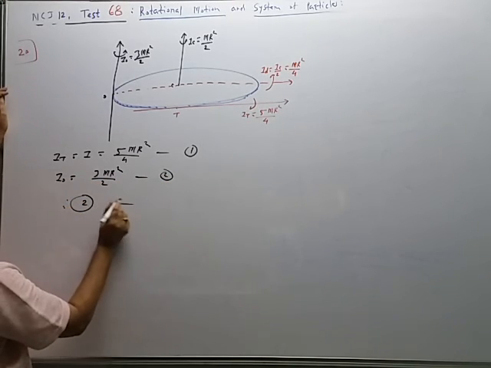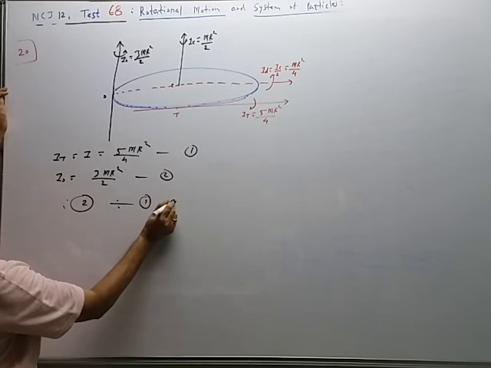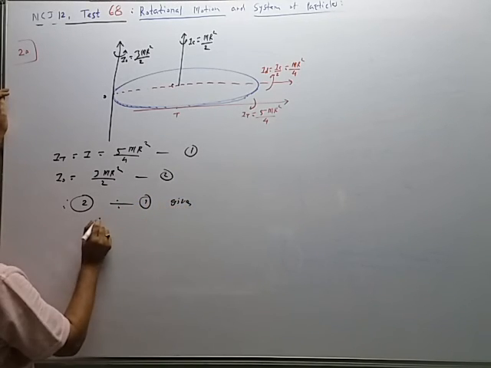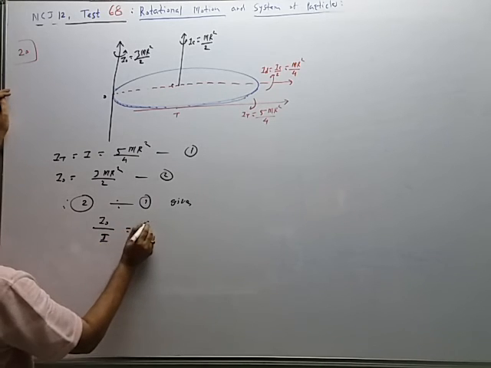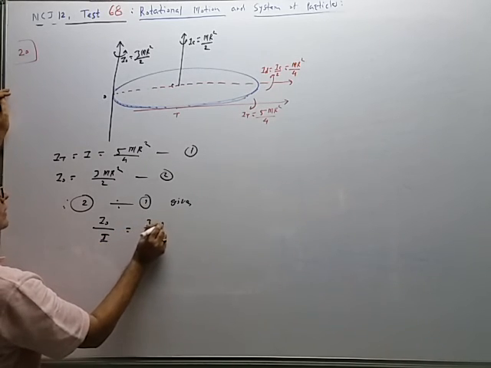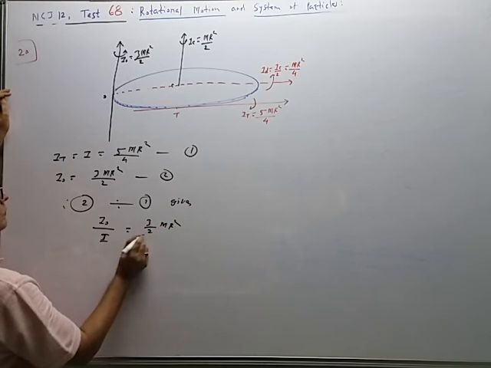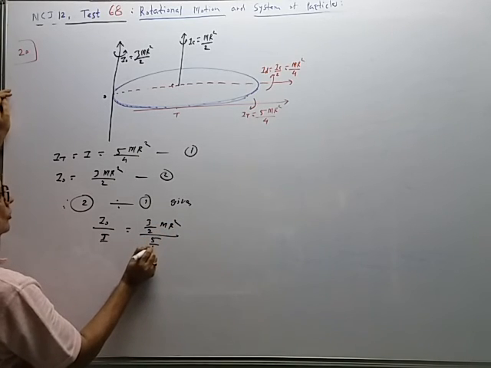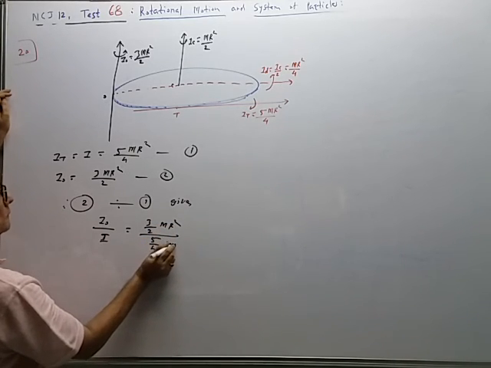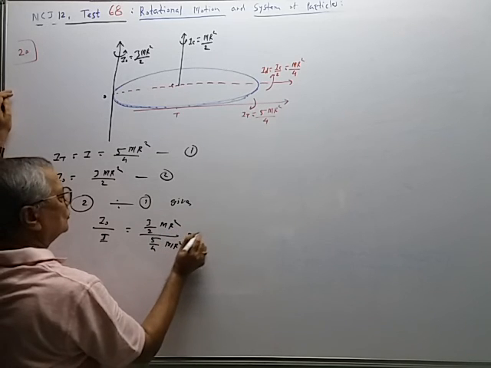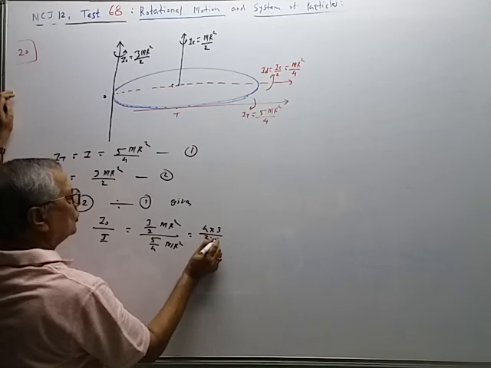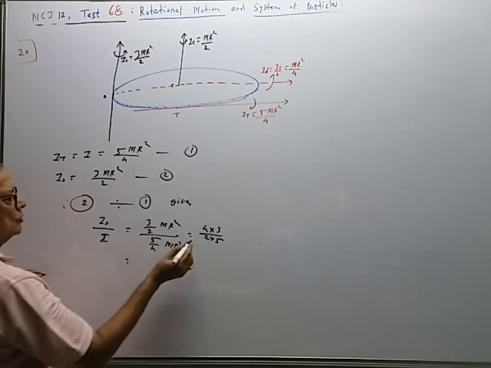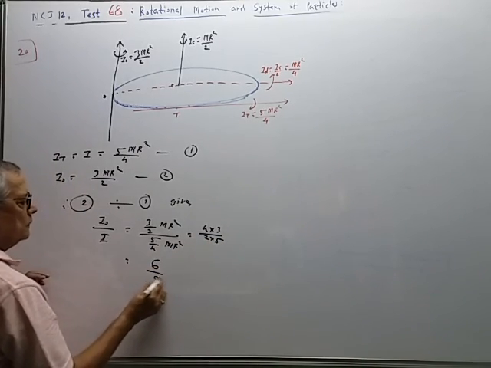So dividing 2 by 1 gives IO upon I is equal to 3 by 2 mr square upon 5 by 4 mr square. So this is equal to 4 by 3 upon 2 by 5, which is equal to 6 by 5.